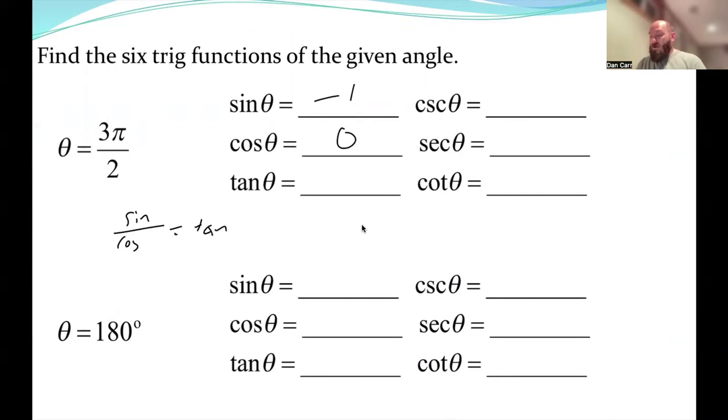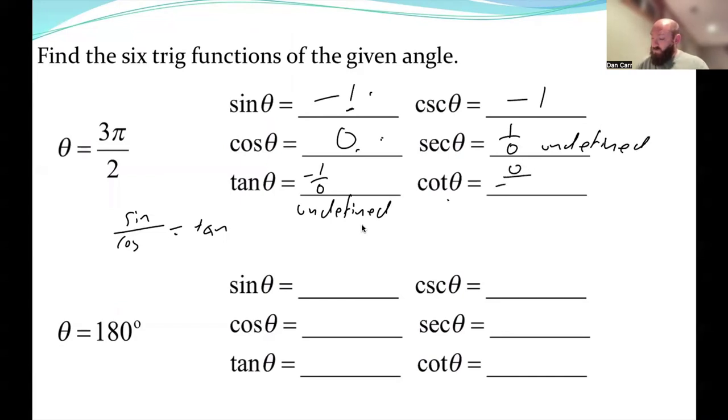So I would take -1 divided by 0, which is undefined. Okay, cosecant is the reciprocal of sine, -1, so that stays at -1. Secant is 1 over 0, and that is also undefined. And then the cotangent would be 0 over -1, which is 0.